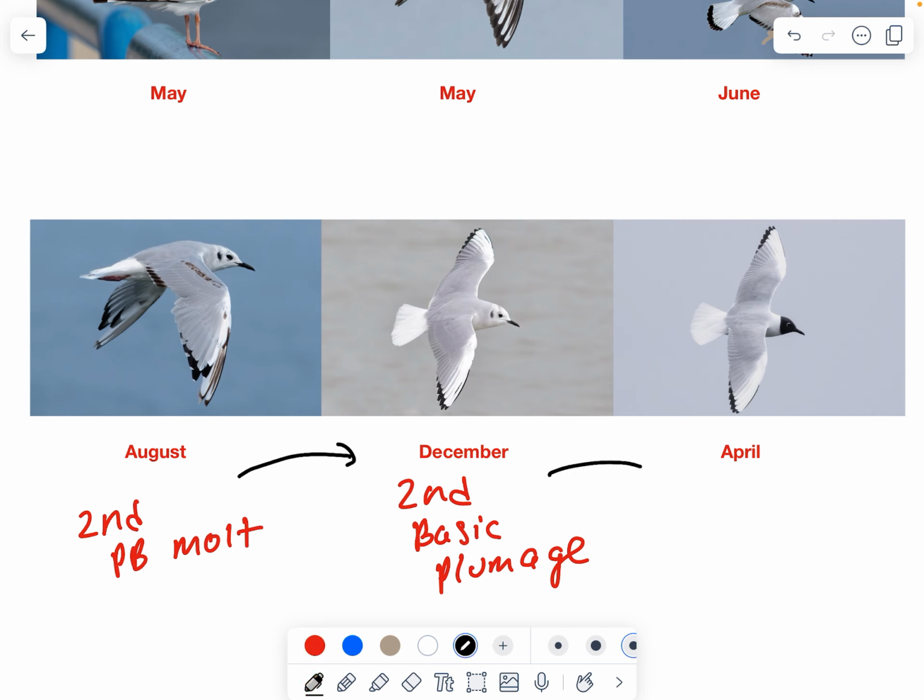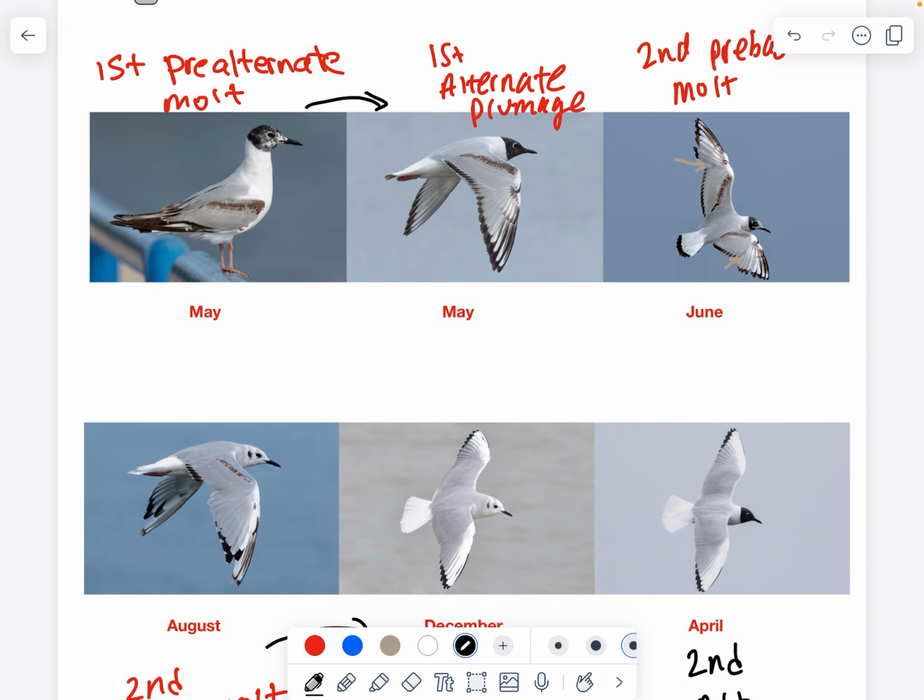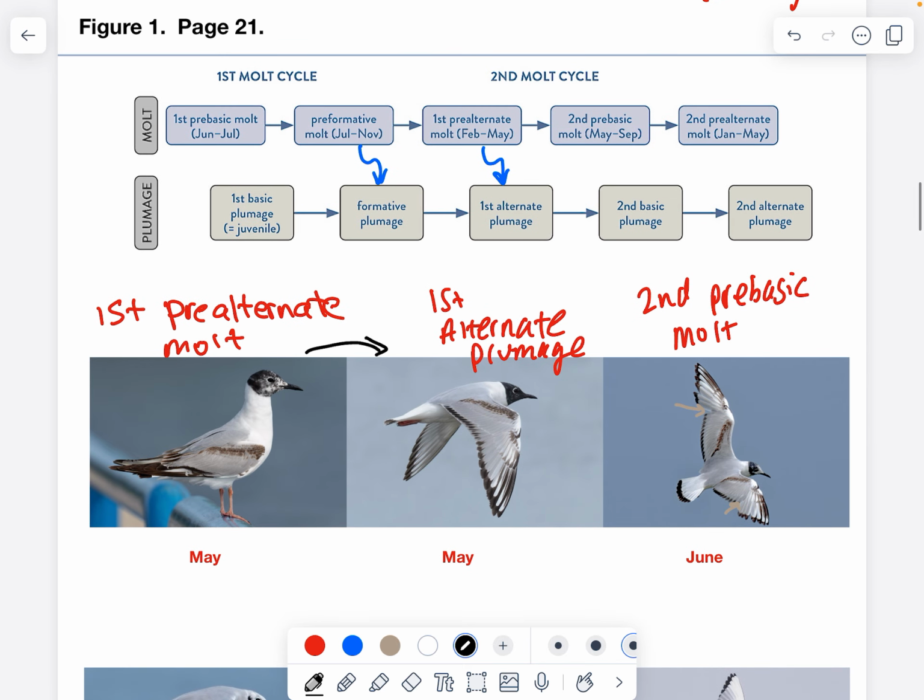Several months later, these birds at the onset of the breeding season will be in second alternate plumage, and that second alternate plumage is a result of the second pre-alternate molt. Let's go back up to figure 1. Second pre-basic molt results in second basic plumage.